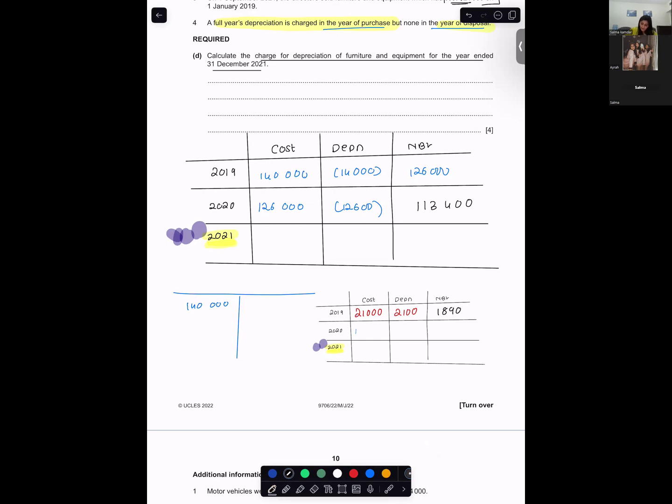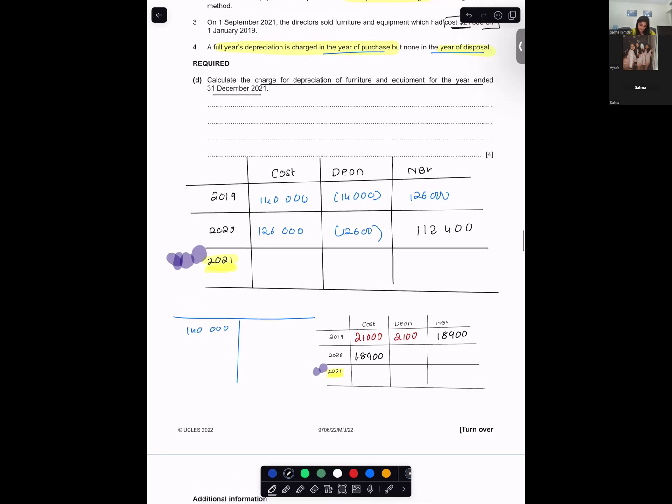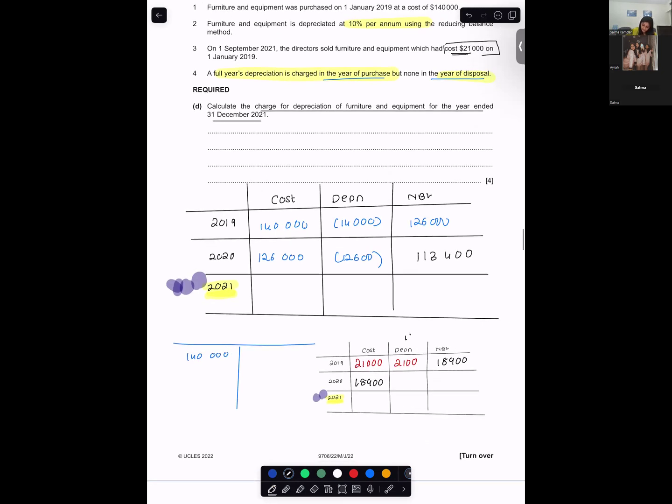This is for 2019. Then for 2020 the cost will be 18,900. Depreciation will be 1,890, and net book value will be 17,010. They want a depreciation charge for the furniture for the year ended 31st December 21.